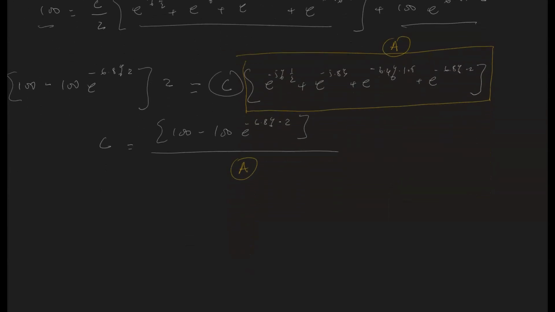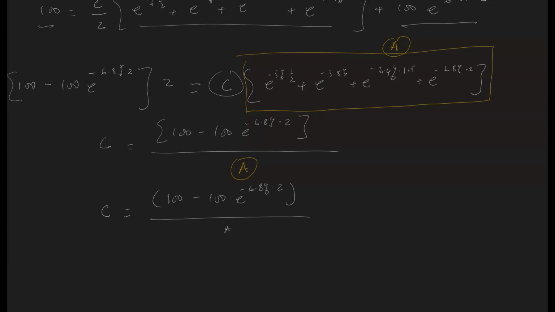So c is going to be equal to 100 minus 100 e^(−6.8% × 2) divided by a. That's what our coupon payment is going to be.